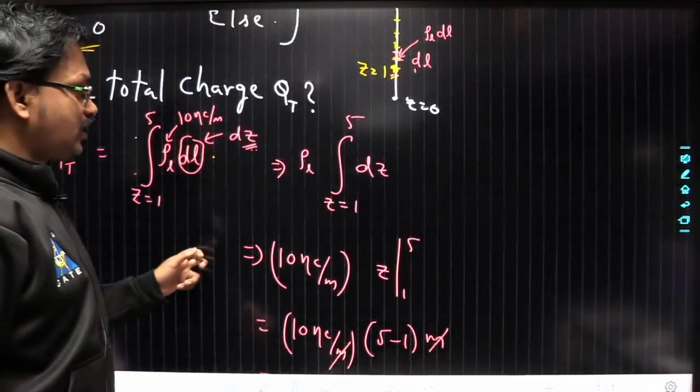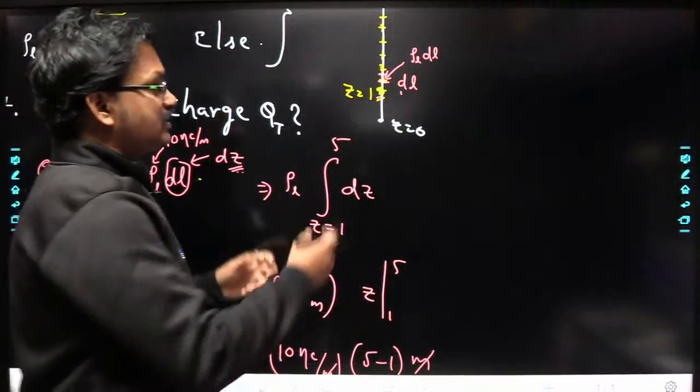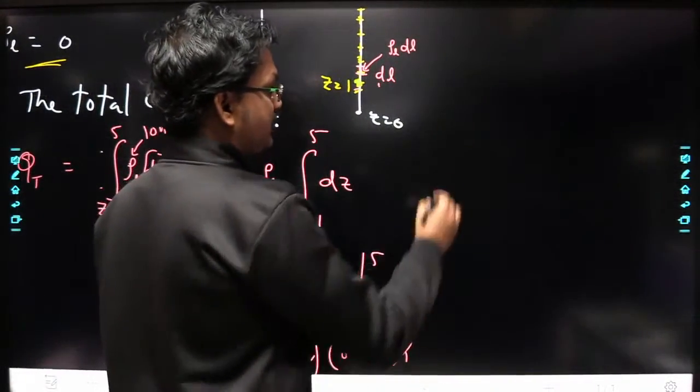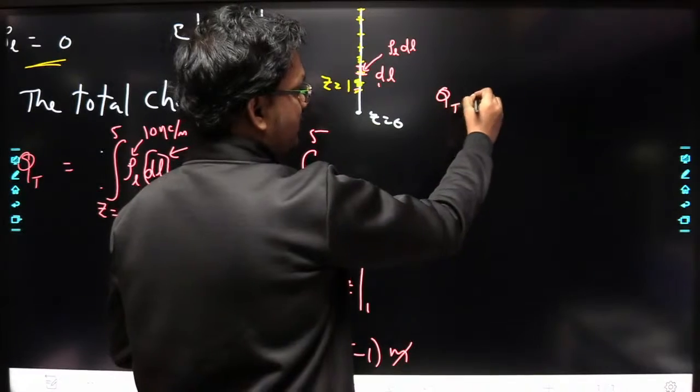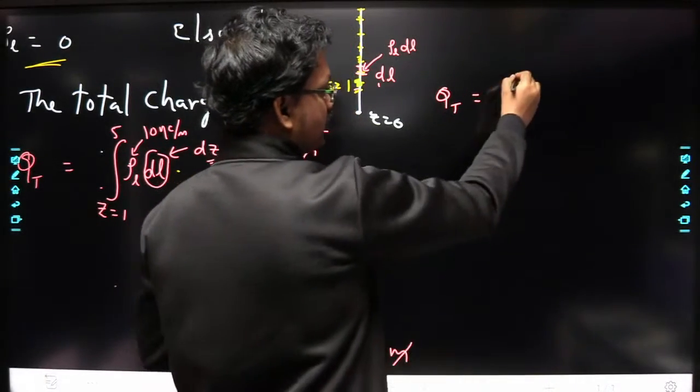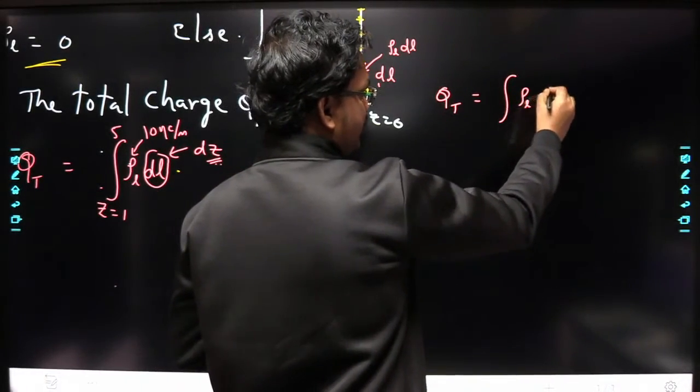Now here, whenever the charge is uniformly distributed, if you want to determine the total charge along the line, what you have done? Integral rho l dl. Understood?